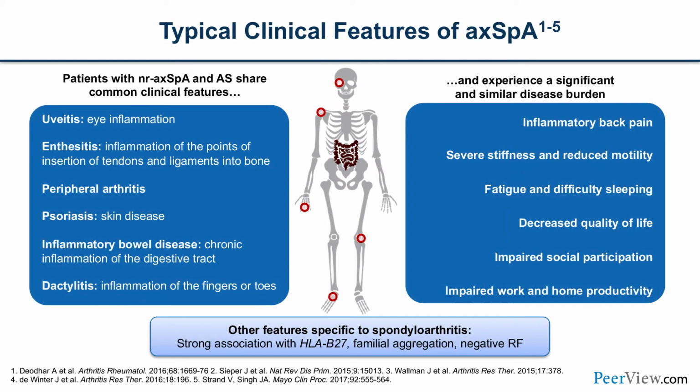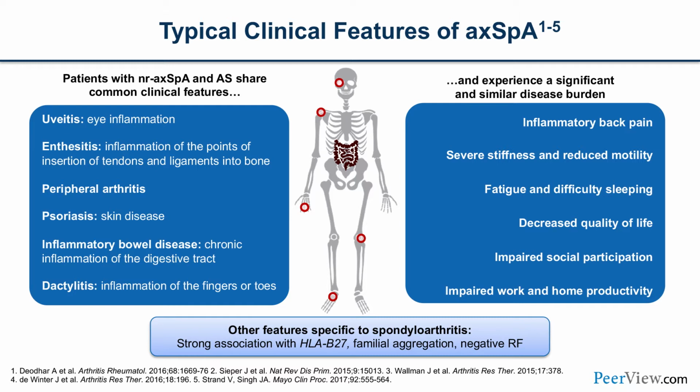Now, this image gives you the typical clinical features of axial spondyloarthritis. And patients with either non-radiographic or radiographic axial spondyloarthritis share many common clinical complications. I've mentioned uveitis, anterior uveitis, enthesitis, inflammation of the tendinous insertions into bone.